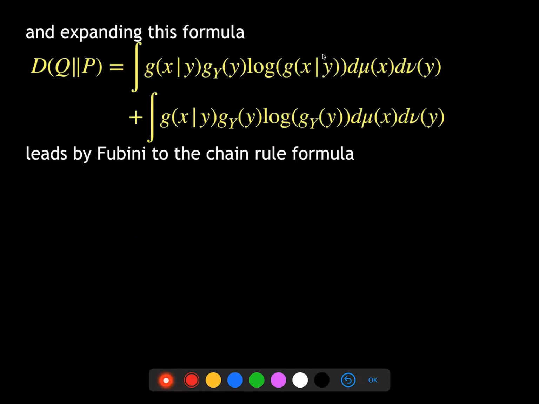You expand the formula, you use the fact that the probability P is a product probability measure, and you use, of course, Fubini, and you have these two terms here. The first one is the one where in the log, of course, I have used the fact that the log of the product is the sum of the logs. Here I have kept the conditional density, and here I have kept the marginal density.